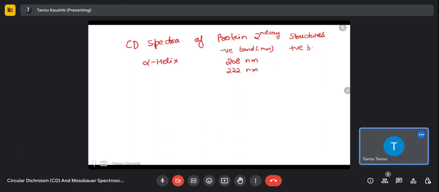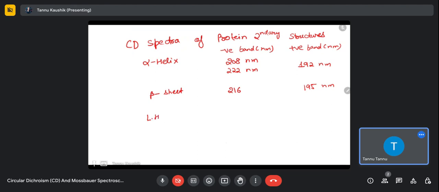Positive band at 192 nanometer. For beta sheet secondary structure, we get a negative band at 216 nanometer and a positive band at 195 nanometer. These are just the more accurate values I'm mentioning.